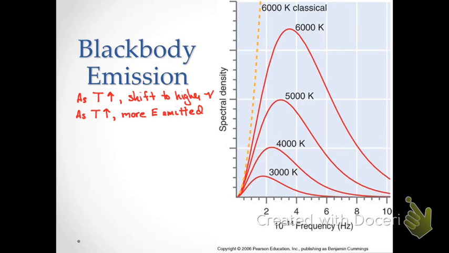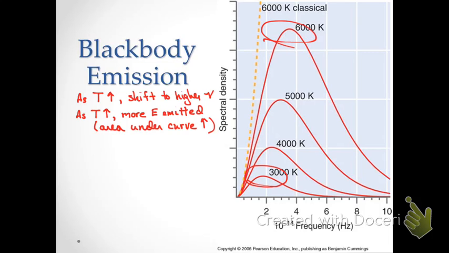Not only that, we'll see that as the temperature increases, more energy is emitted, and that probably should make sense to you. Temperature obviously is related to energy. Higher temperature corresponds to higher energy, so we see more emission, and that is indicated by these graphs by the fact that the peaks get bigger. You notice that the maximum at 6,000 is much higher than that at 3,000.